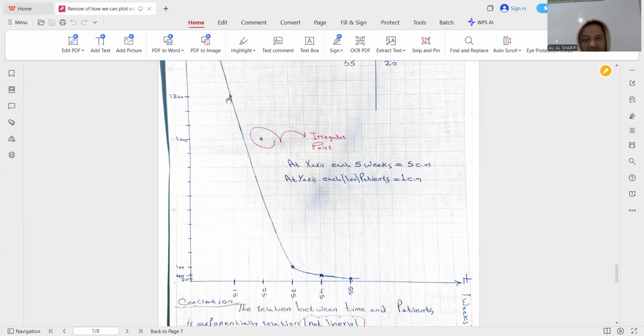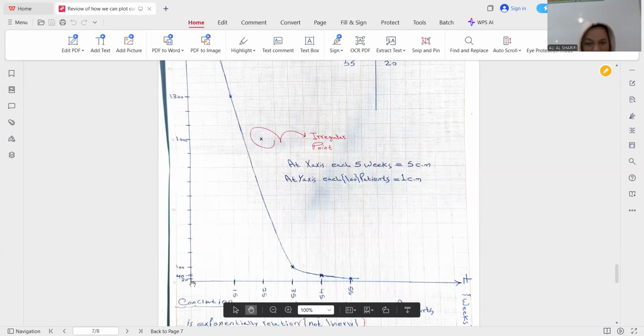I have here an exponential decrease from 1,300 at first, at week 15, to reach just 20 after 55 weeks.